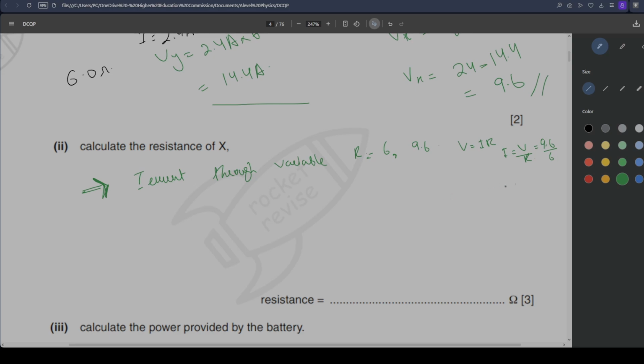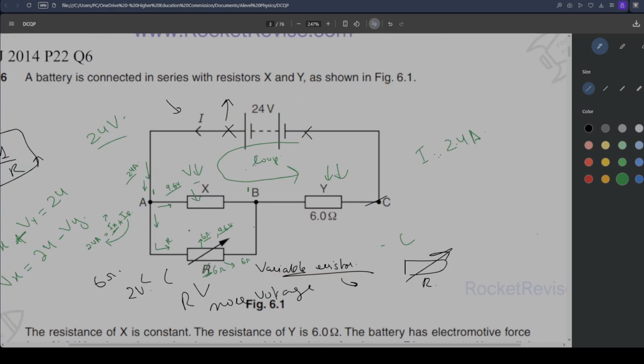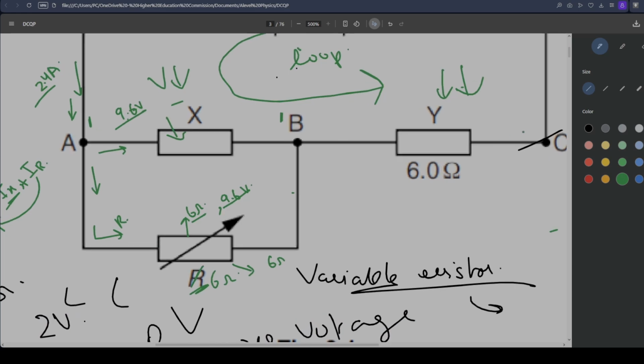It gives 1.6 amps. So the current across our resistor R is 1.6 amperes.